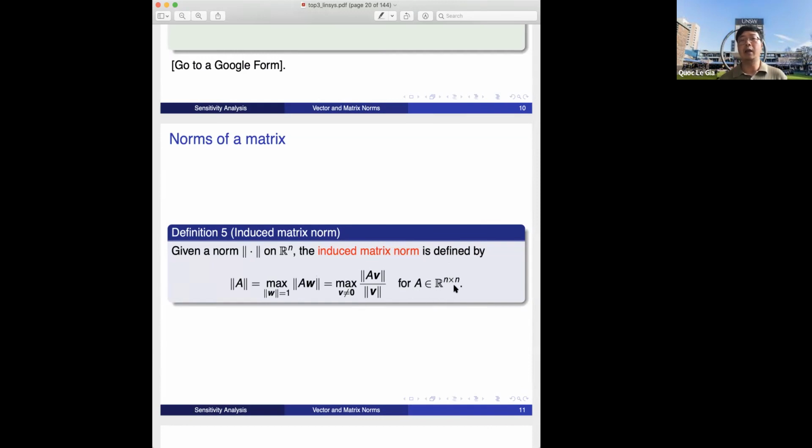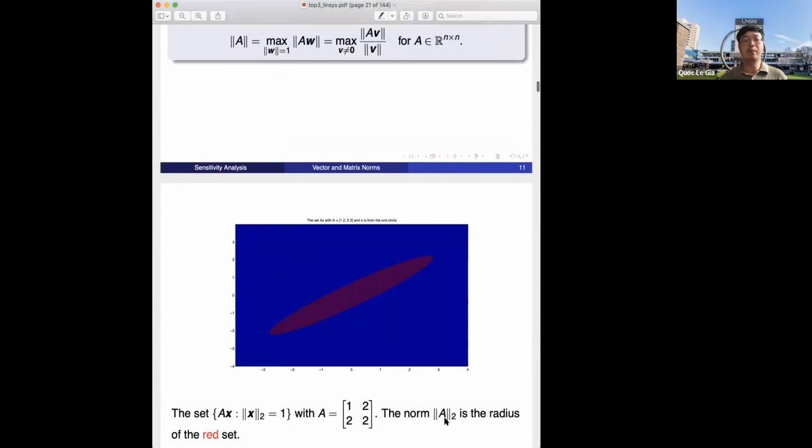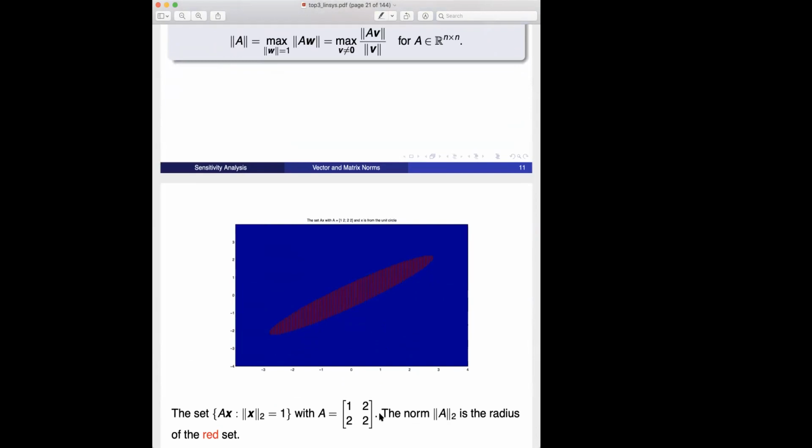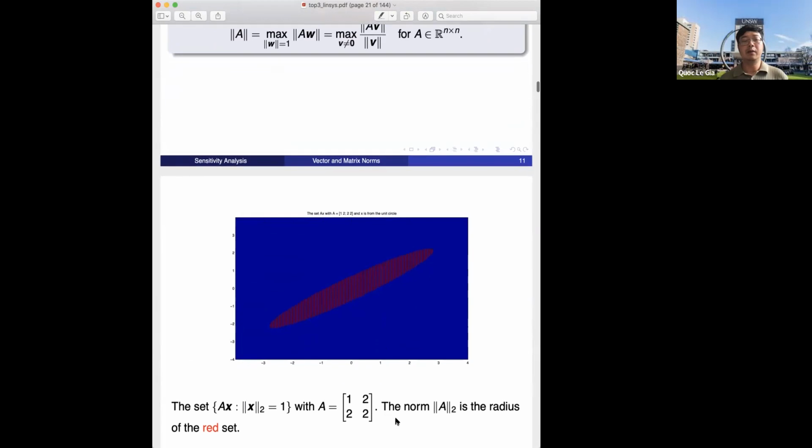You can have Rn of any dimension. This picture is only valid for the 2 norm in R2, on the plane. In R3 this becomes an ellipsoid, and in R4 it becomes some hypersurface in four dimensions, but it's still an ellipsoid.